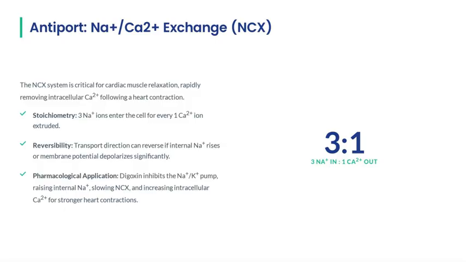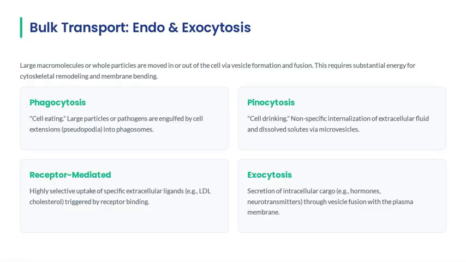Okay, moving on, we have the bulk transport of endocytosis and exocytosis, and this is where large molecules are able to move in and out of cells via vesicle formation and fusion, and this transport requires a lot of energy for cytoskeletal remodeling and membrane bending.